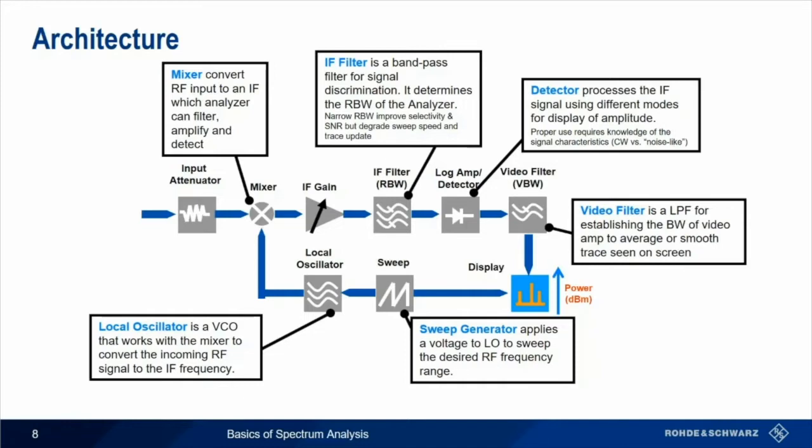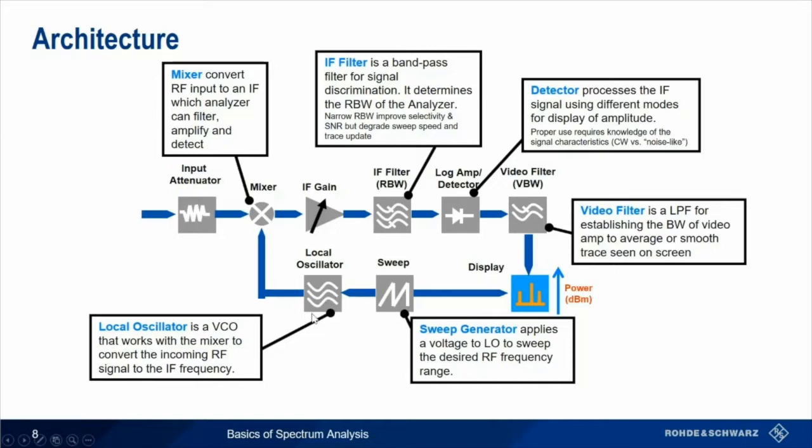And as we look at the block diagram here, basically the signal comes into the spectrum analyzer, and there's an input attenuator that's going to adjust the signal to make sure that it's at the best amplitude and in the best setup to be handled by the spectrum analyzer.